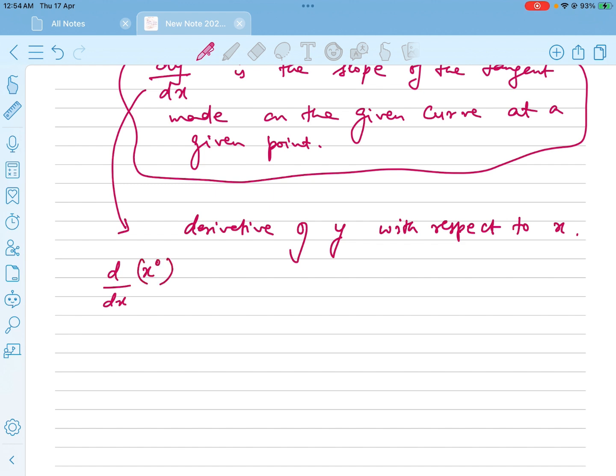Now x to the power 0 is what? X to the power 0 is 1. So this can also be written as derivative of 1, right? This thing will be 0. So I can generalize it here. The derivative of any constant c will be 0. So this is my first formula.